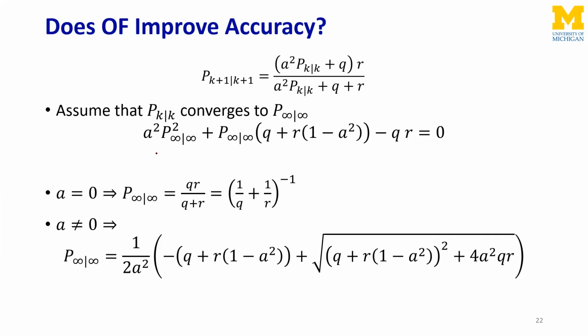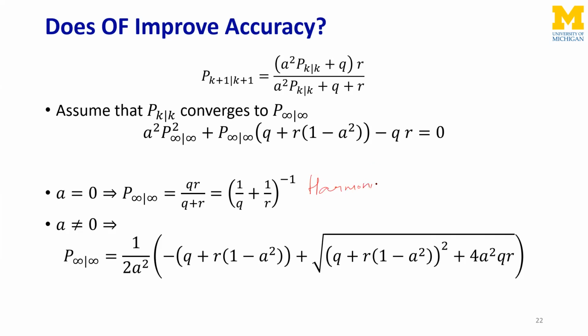But first, we have to look at a special case, the case where A is 0. If A is 0, I lose this quadratic term. And in that case, P infinity given infinity is simply given by this expression, which we recognize as the harmonic mean.